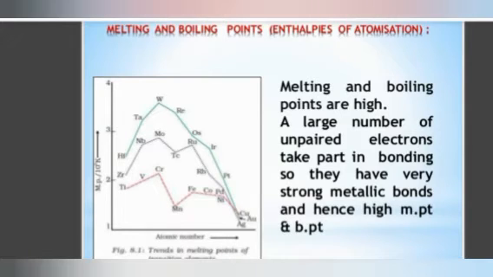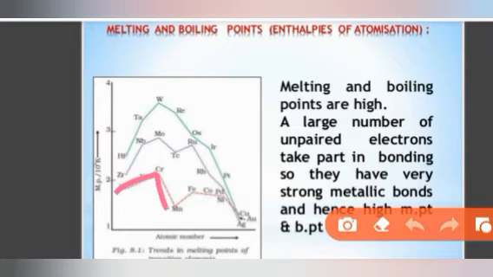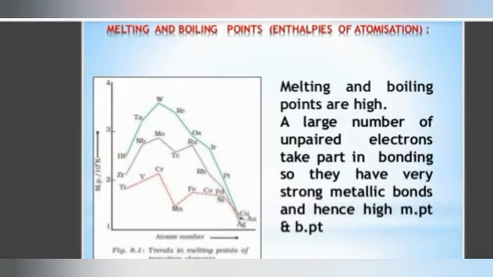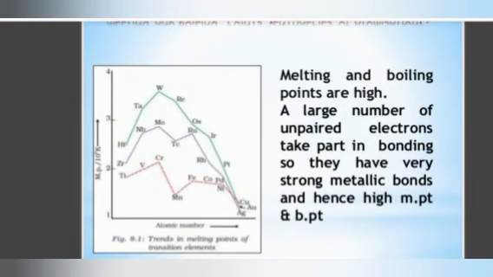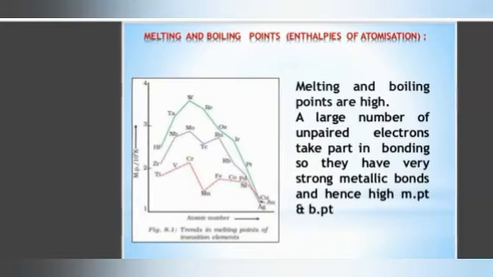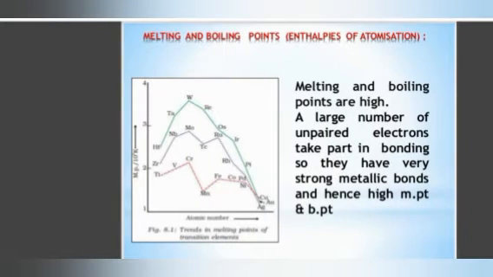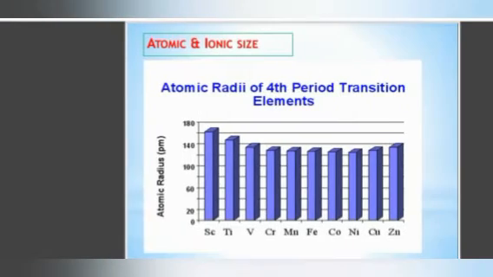This graph, representing the ups and downs, makes the melting and boiling point trend clear. In hafnium you can see it continuously increasing, then continuously decreasing. With the help of this chart, my request is that you all make this kind of chart of melting and boiling point from your book.